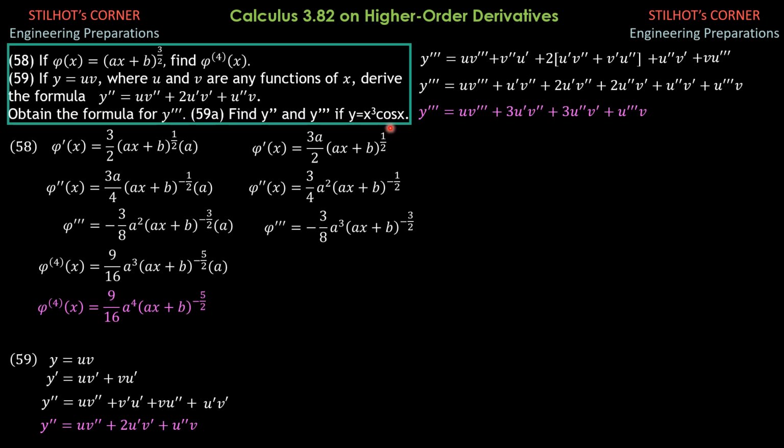So let u be x cubed for this case, and v is cosine x.